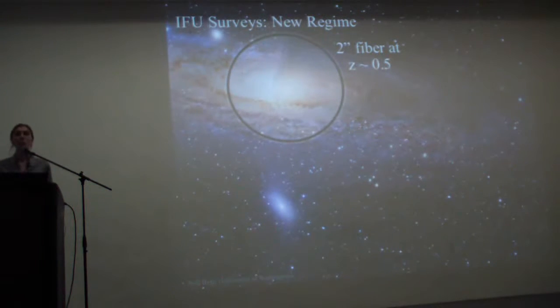So this shows if we were to observe M31 at a redshift of 0.5. So this is what you might observe if you were looking at galaxies from SDSS, where the optical fiber is really covering a lot of the bulk. If we fast forward to a MaNGA type observation of M31, you're starting to look at kiloparsec size regions within the disk.